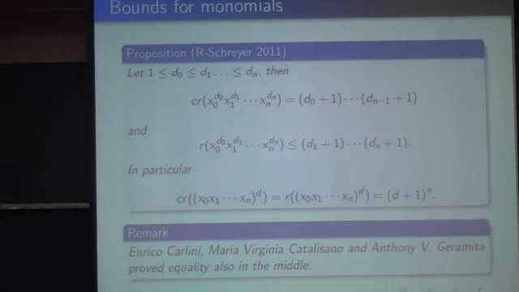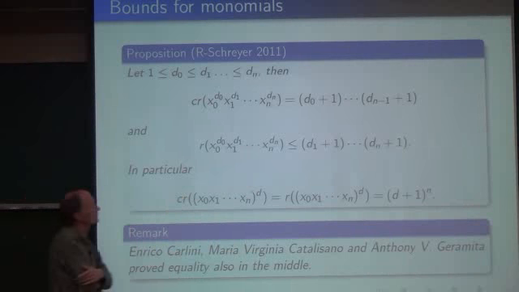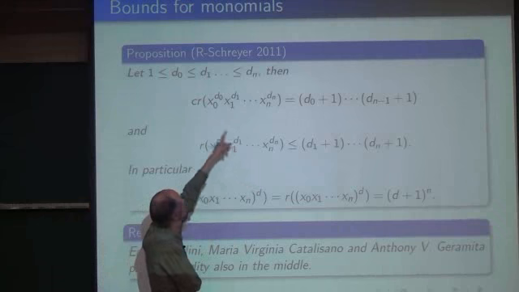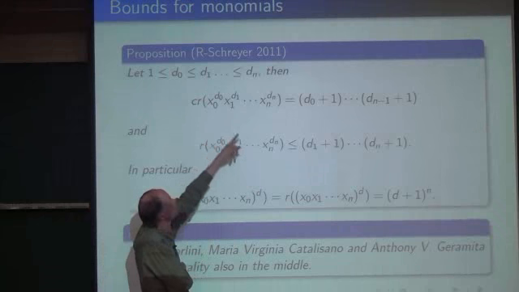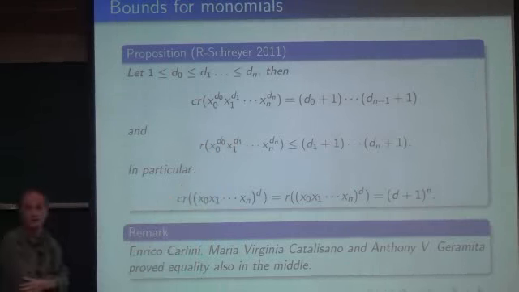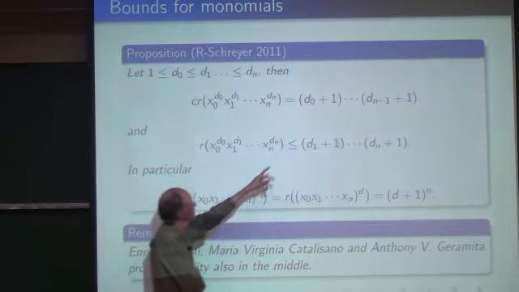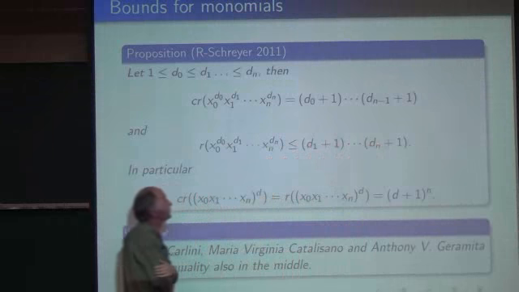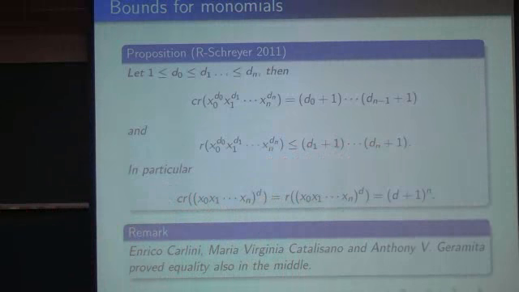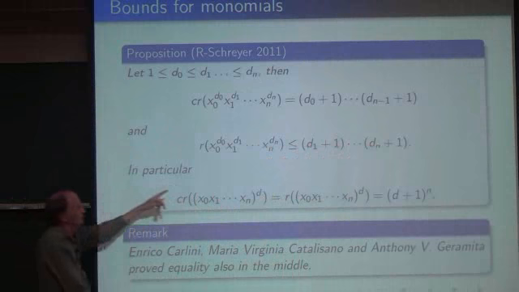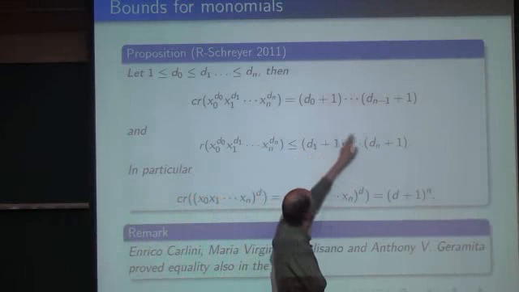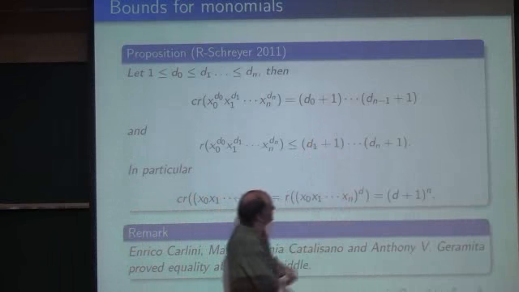And so this was worked out a couple of years ago. And the cactus rank, if the monomial has powers d0 up to dn, and these are in growing order, then the cactus rank is (d0 plus 1) up to (d_{n-1} plus 1), while the rank was then proven to be (d1 plus 1) up to (dn plus 1). So you just shift it a little bit, right?